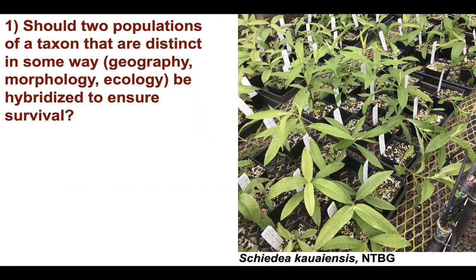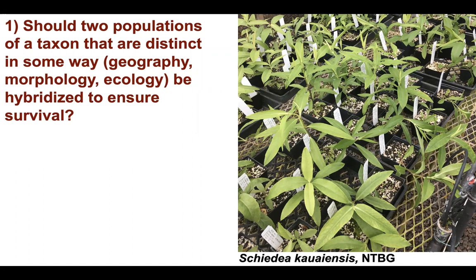They might grow on different islands or even different parts of the same island. They might have slightly different morphology or slightly different ecology. Should we ever hybridize these if individual populations decline to the point where inbreeding becomes a problem?